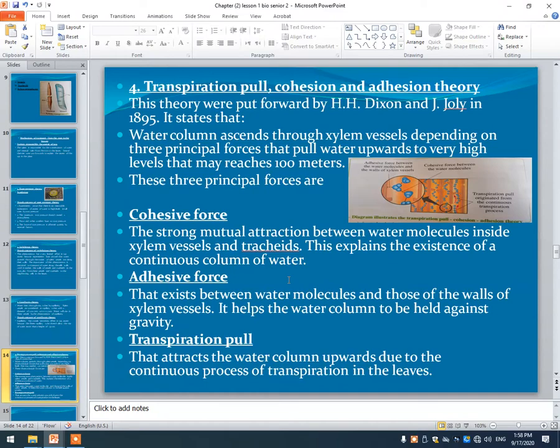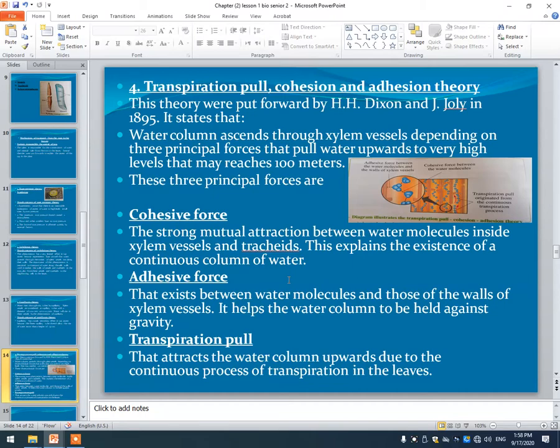Number four, the theory of transpiration pull, cohesion and adhesion. This theory was put forward by Dixon and Joly in 1895. It states that the water column ascends through xylem vessels depending on three principal forces that pull water upward to a very high level, which may reach 100-meter-long trees.